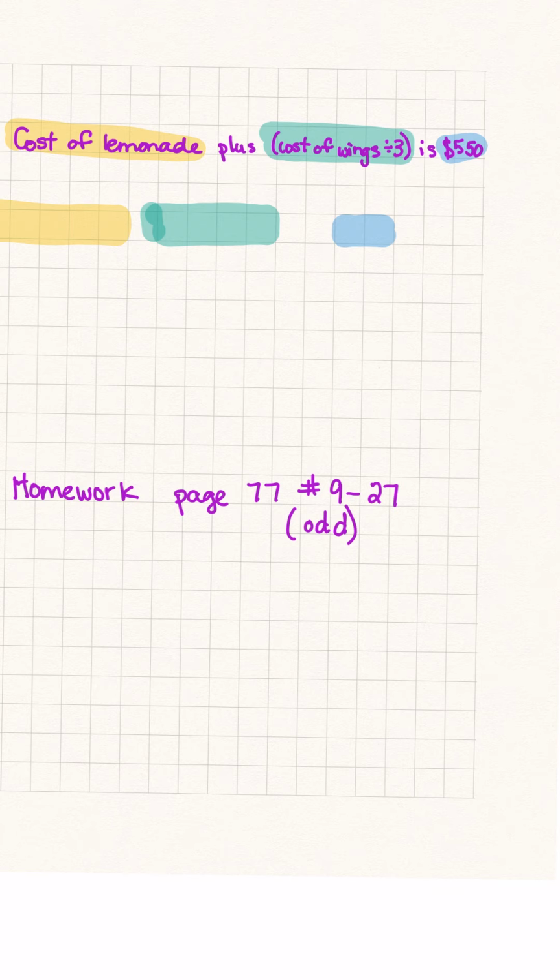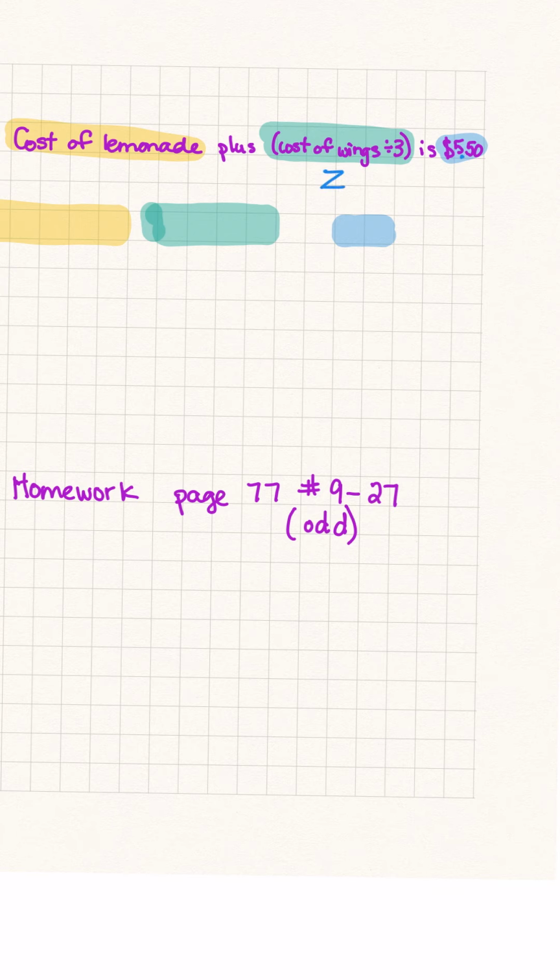So we have the cost of the lemonade plus the cost of the chicken wings divided by 3 is $5.50. We don't know the cost of the chicken wings, so let's let z equal the cost of the chicken wings.